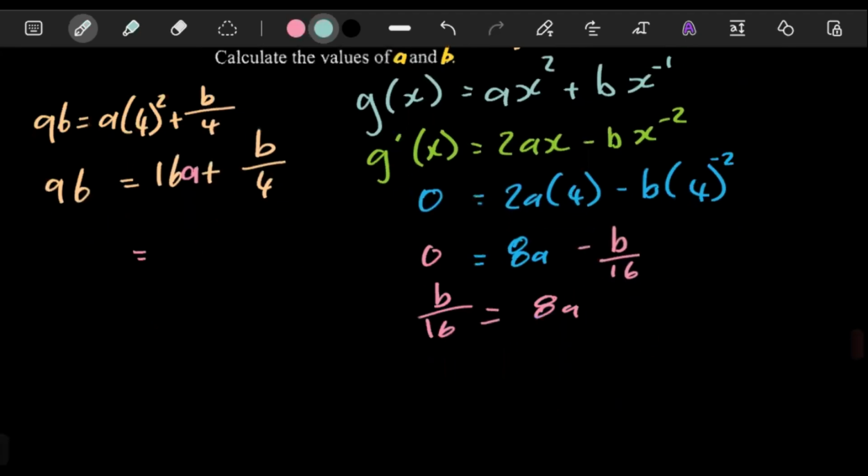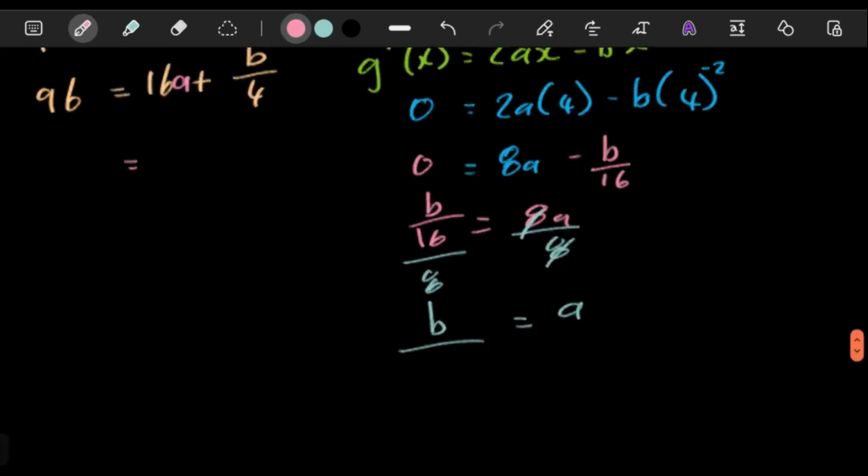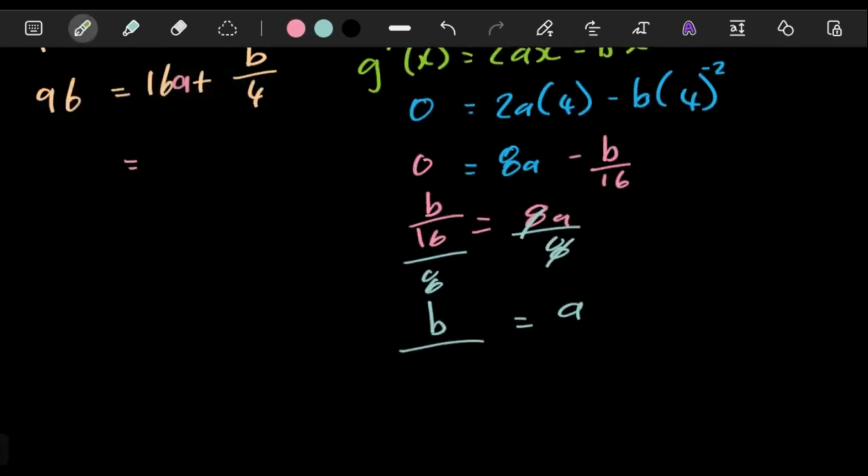If you divide by 8 on both sides, you're going to have b over a big-ish number. So what do we do now? It's 160 minus 32. That's 128.